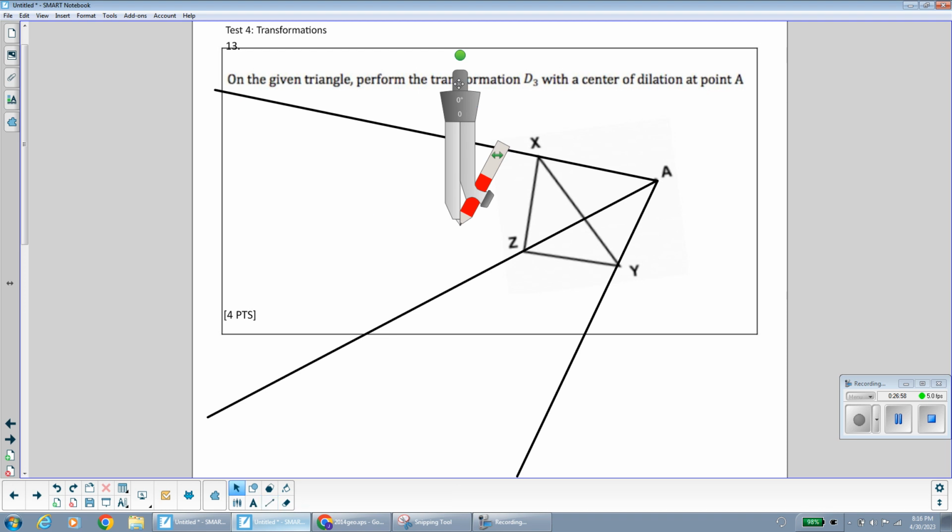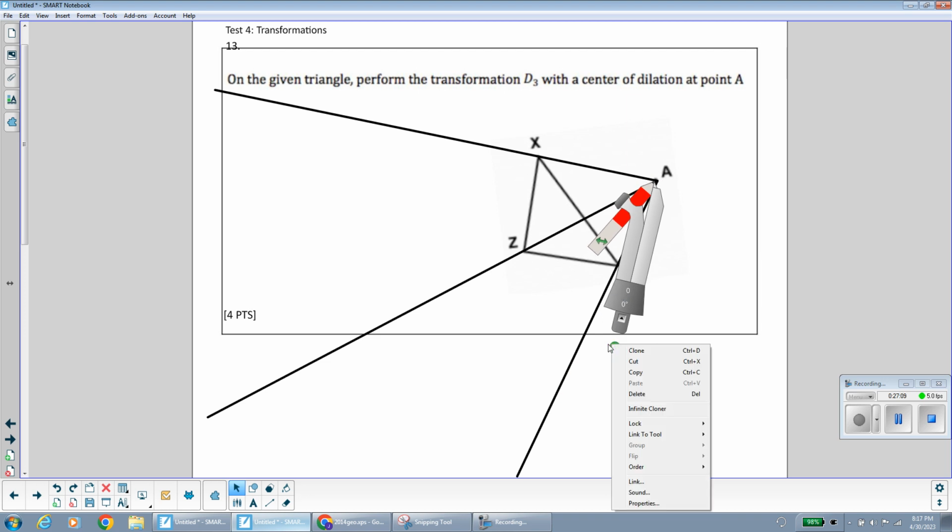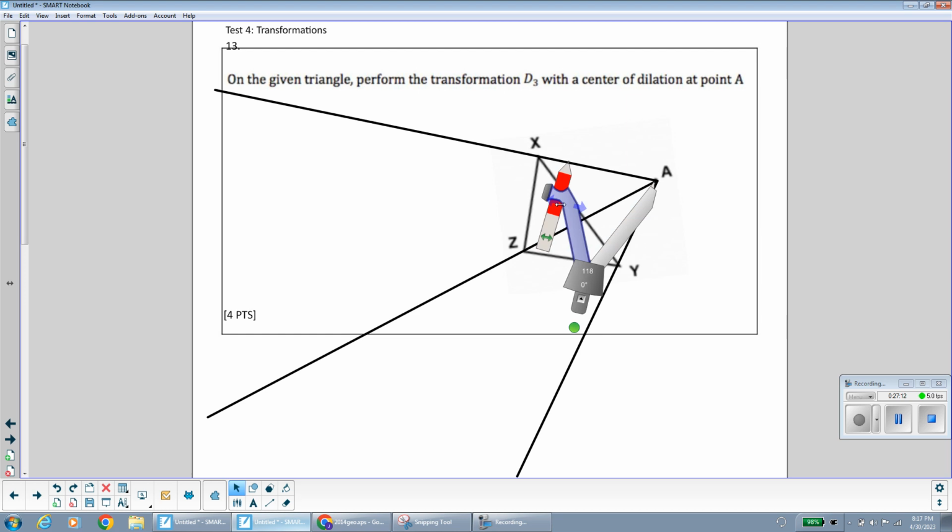Okay, so I'm not just going to randomly start making marks. I'm putting my endpoint on point A, and I want to measure the distance that point X is from the center of dilation, point A. So I want to open or find the hole that matches up to point X as best as I can. Then I'm going to make an arc to show that I measured. If I don't show that I measured, then the person grading your Regents exam might think that you're just using some random measurement on your compass to make these arcs.